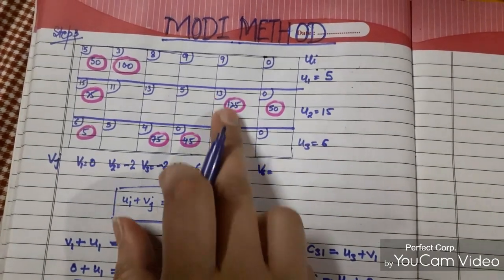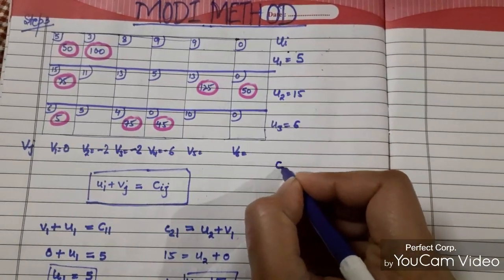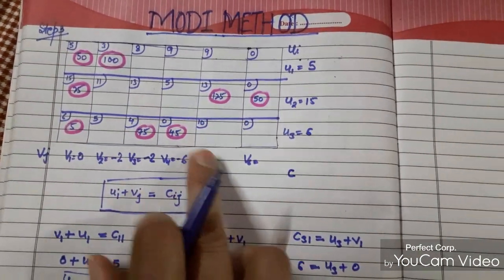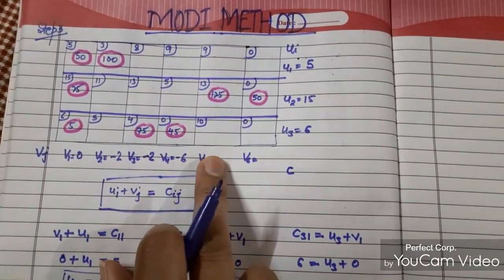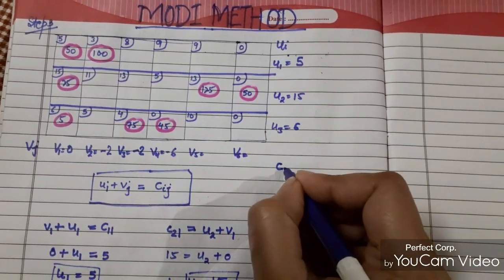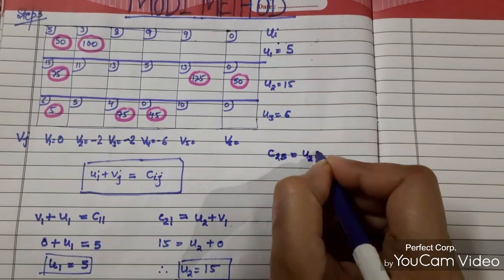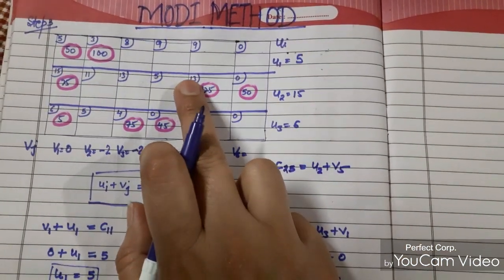Now v5. For v5 we have an allocation here. This is C, second row, and which column? 1, 2, 3, 4, 5, fifth column. So C25, second row, fifth column. That means u2 plus v5. The cost of C25 is 13.